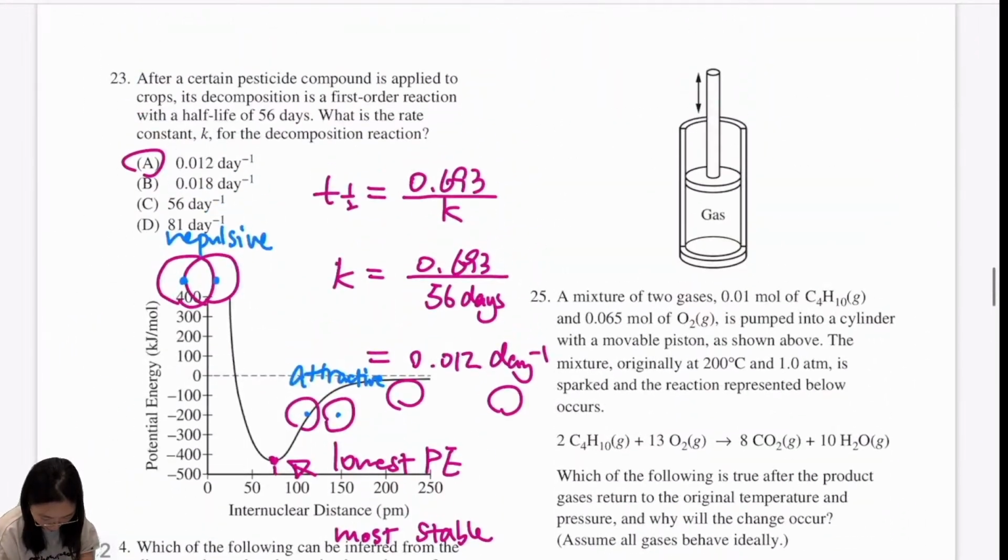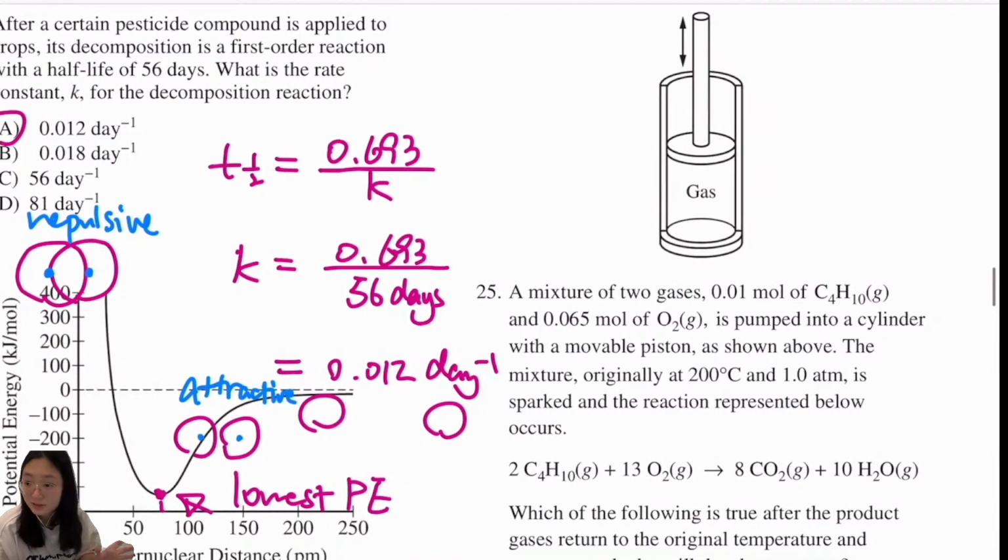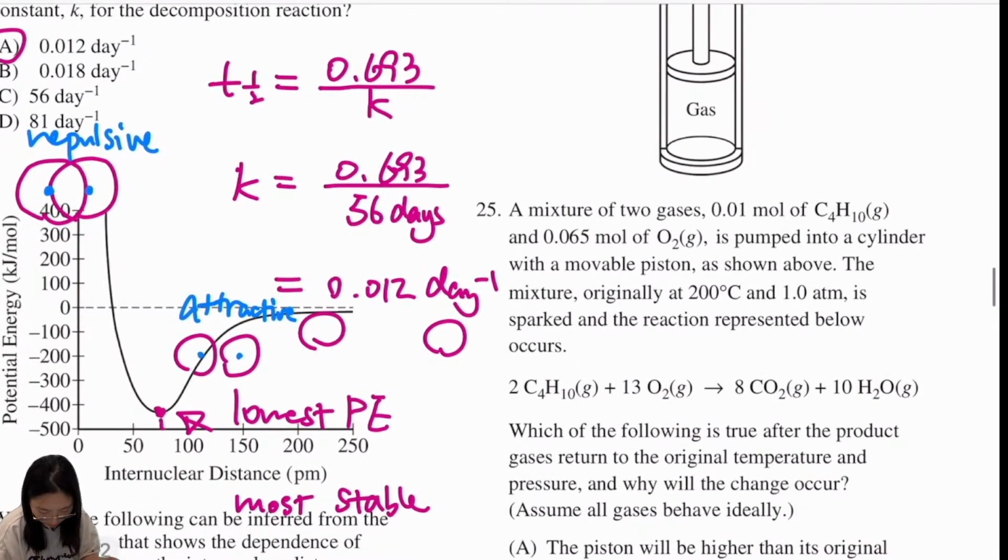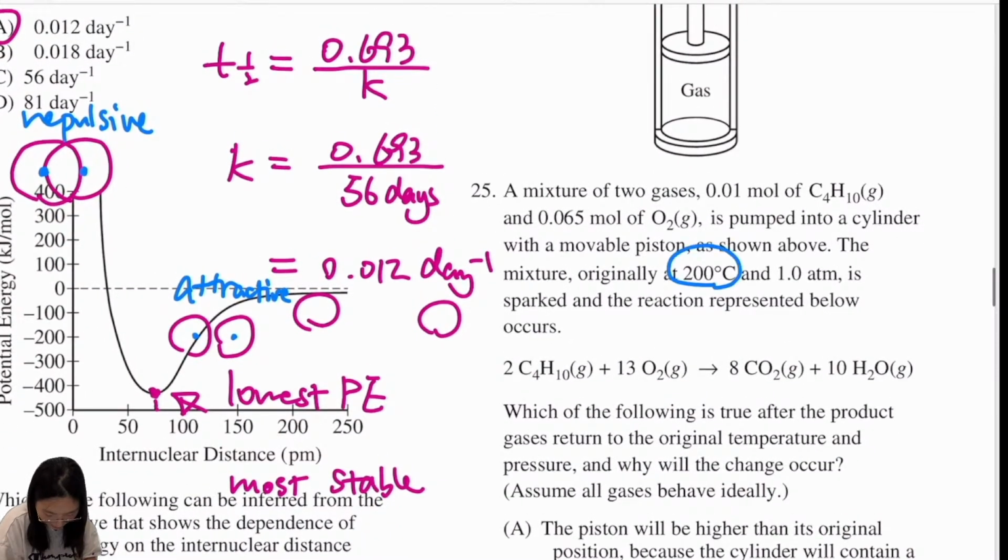Okay, and then 25. A mixture of two gases, 0.01 moles of C4H10, which should be butane, and 0.065 moles of oxygen gas is pumped into a cylinder with a movable piston. The mixture originally at 200 Celsius and 1.0 atm is sparked, and the reaction represented below occurs.